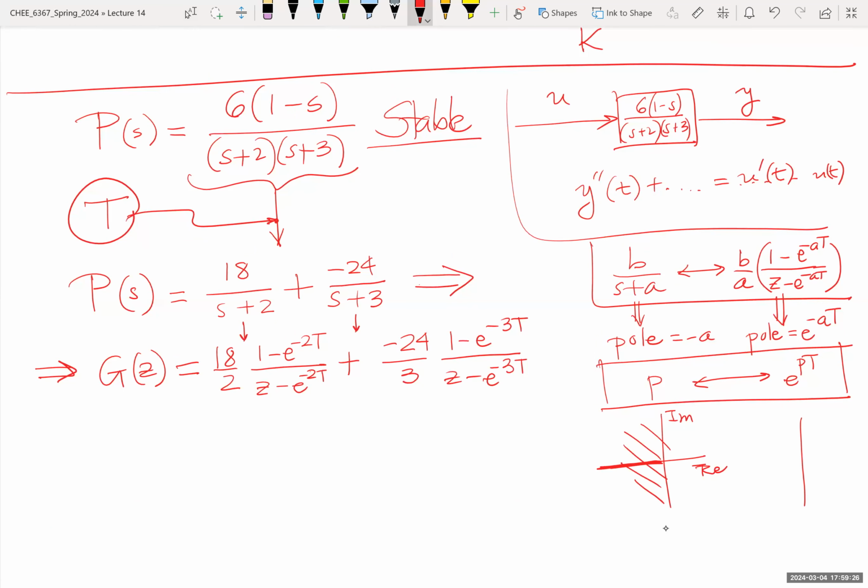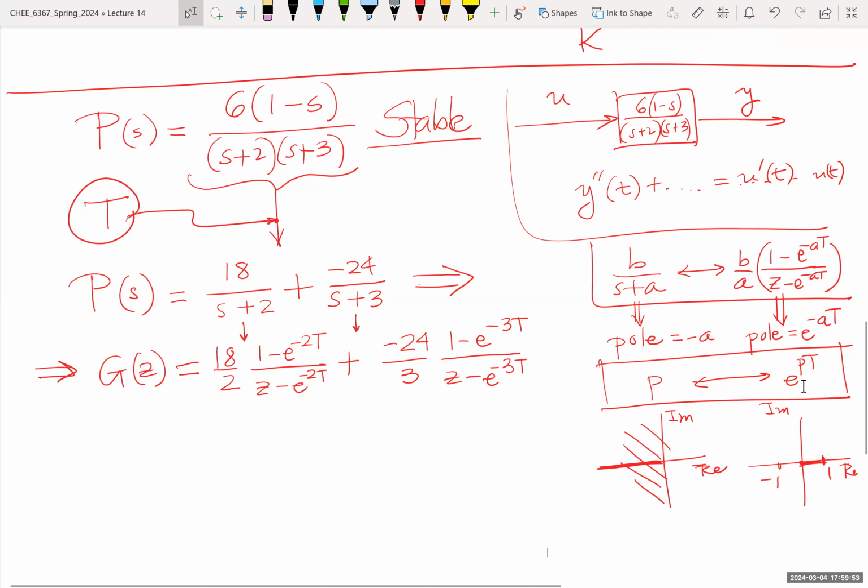That means for this corresponding pole in discrete time, I'm going to be between 1 and minus 1, right? Actually, 0 to 1. Yes, so I'm going to be here, 0 to 1.